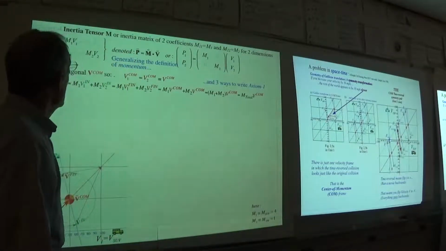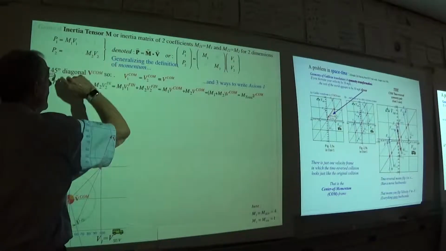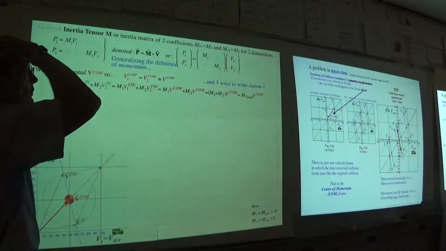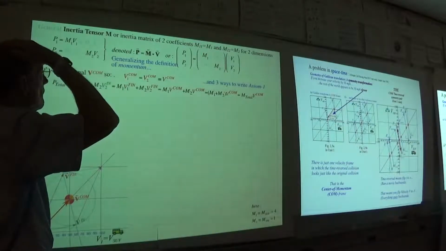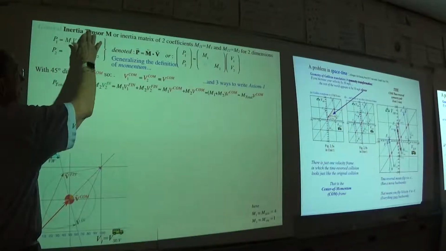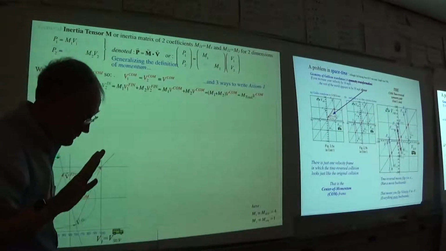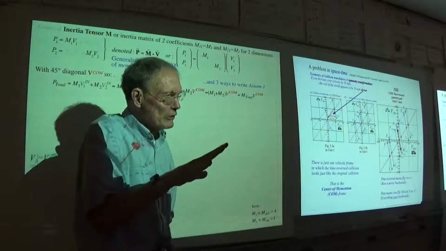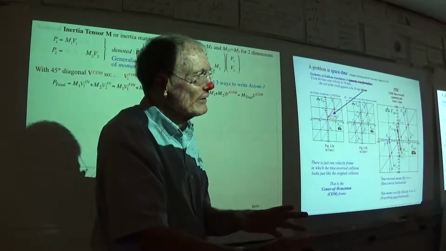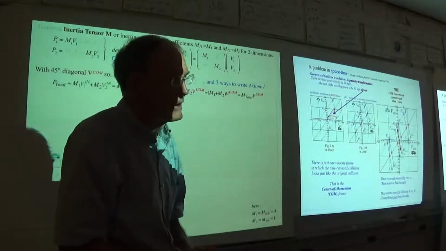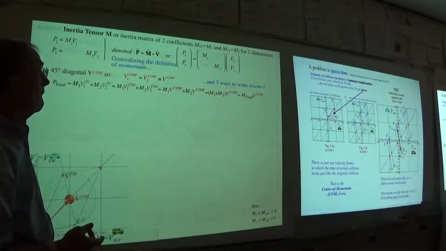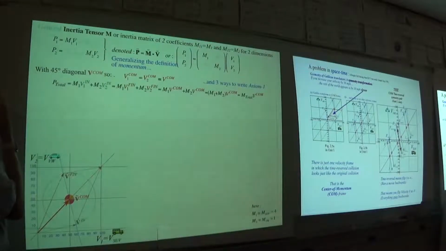Okay, so this matrix right here, the best name for it is the inertia tensor. Now, where would this come up in a mechanics class other than ones given in this room? The inertia tensor comes up with rotations. We won't be getting there for a while, but it sure comes up here, and it's only 2 by 2 here.